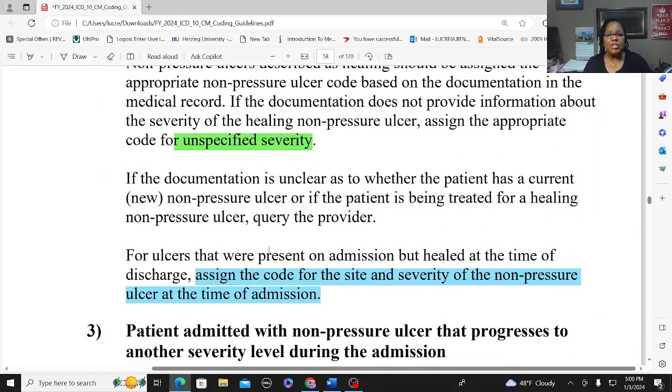And if the documentation is unclear as to whether the patient has a current or new non-pressure ulcer, or if the patient is being treated for a healing non-pressure ulcer, then query the provider. For ulcers that were present on admission but healed at the time of discharge, again, assign the code for the site and severity of the non-pressure ulcer at the time of admission. Again, we want to show that due to the care that was rendered while the patient was being treated, the ulcer got better. So we should be compensated for it. So code at its degree on admission.